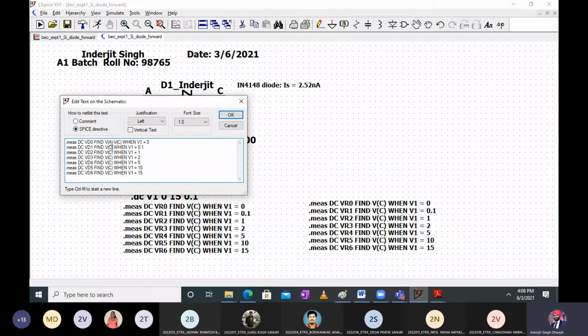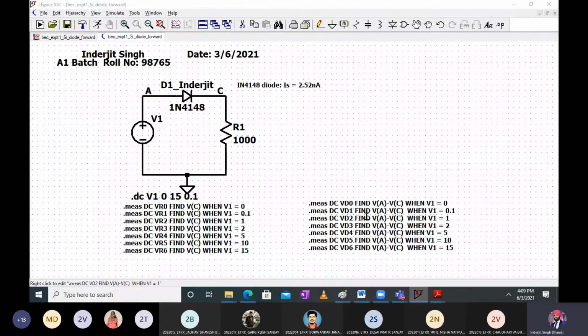Everywhere, wherever there is V of C, replace it by V of A minus V of C. Why? Because that is the diode voltage. Anode voltage minus cathode voltage. So be careful now. You cannot make a mistake over here, or else it will not simulate and you will get the wrong result. So quickly do this. So I have done it for you all.